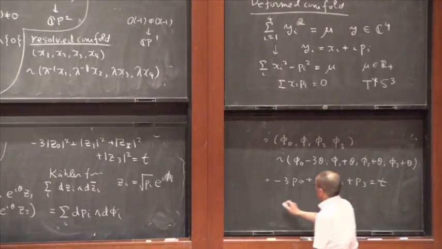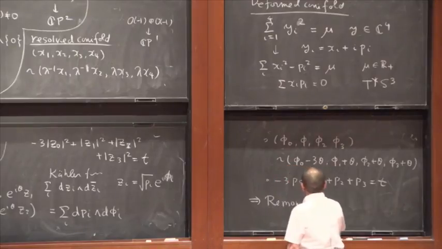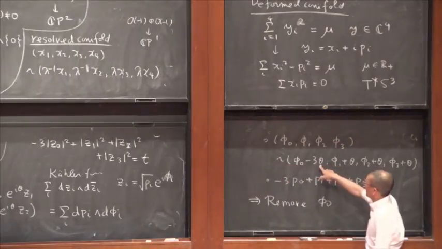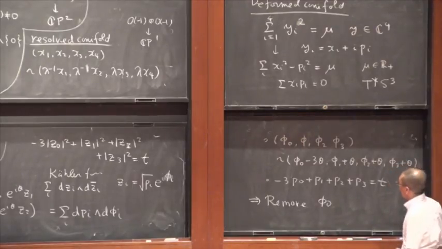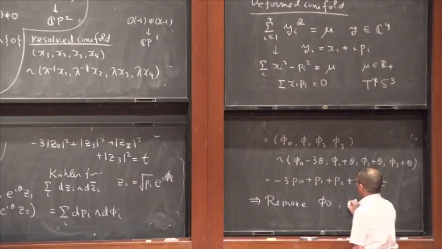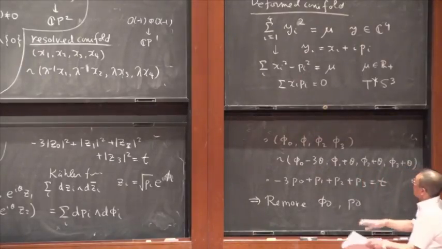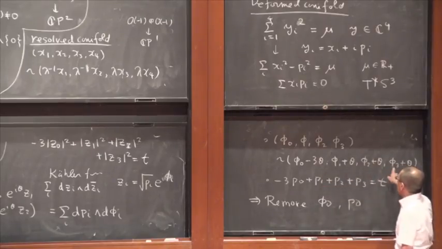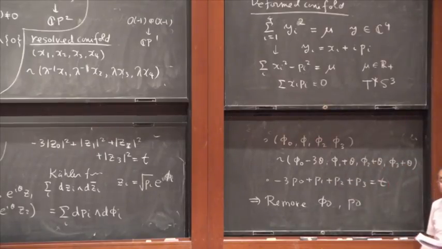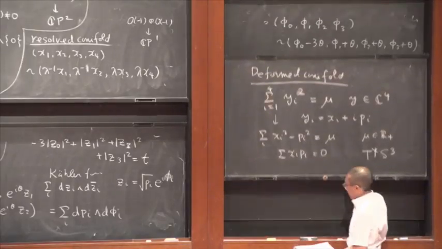So in particular, this means that we can remove phi 0, because you can always set theta to be one third times phi 0. And we can remove p0 by this equation. So then we get the space of phi 1, phi 2, phi 3 over the space of p1, p2, p3. So let's try to describe the resulting space.